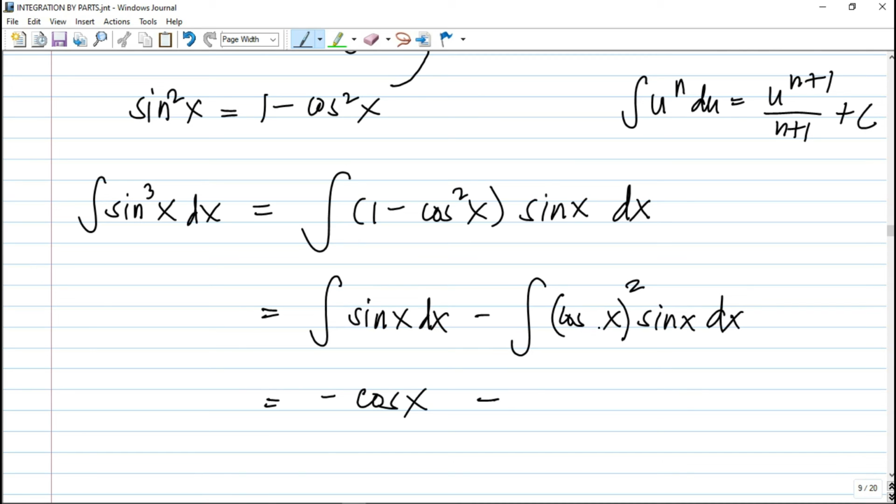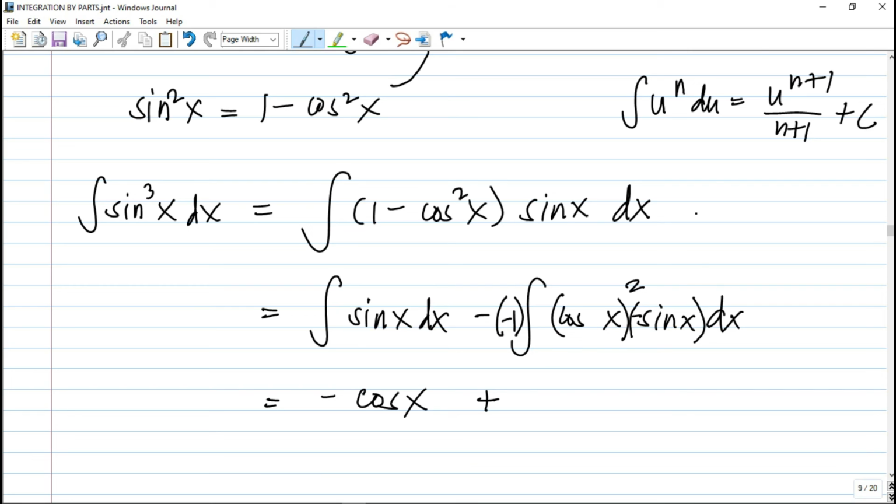Derivative ng cosine x is negative sine x. Maglagay tayo ng negative here para magamit natin yung formula. Since naglagay ka ng negative dito, mag-multiply tayo ng negative 1 sa labas ng integral sign to balance yung nilagay mong constant. That's the rule. So para balance siya. So, negative times negative, this is positive.